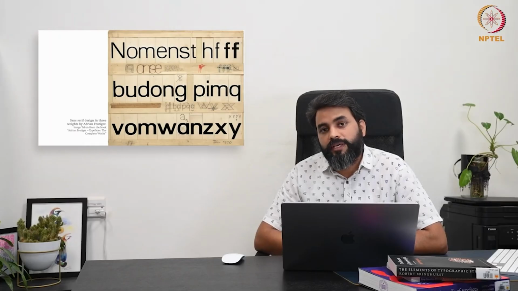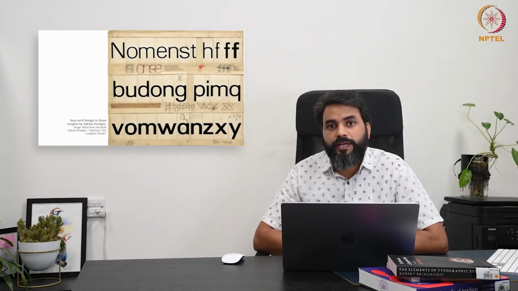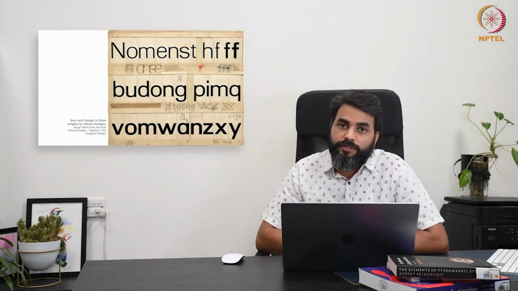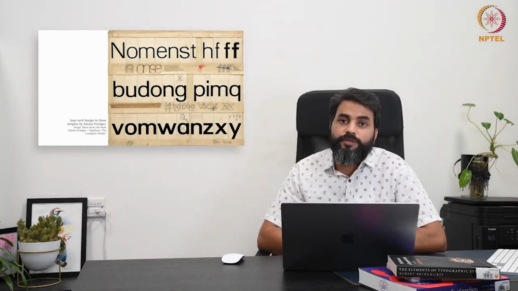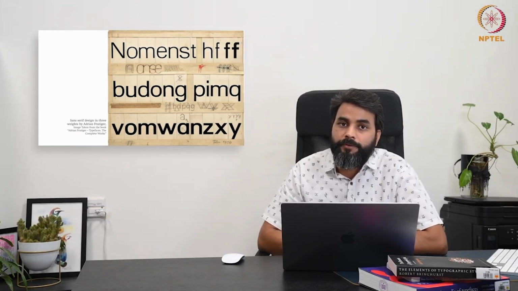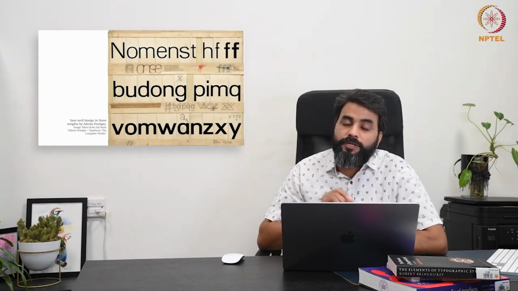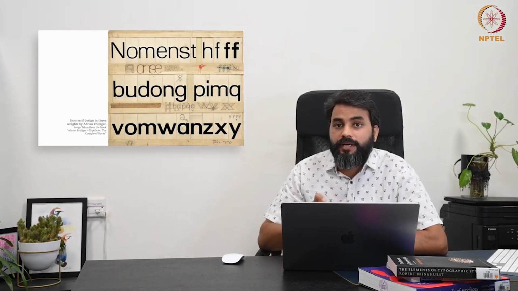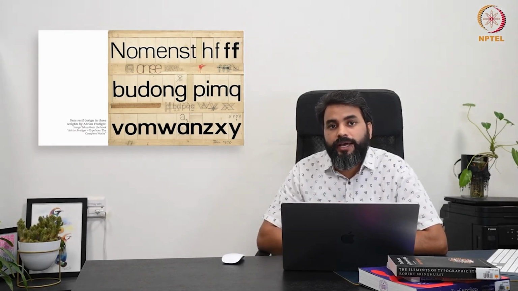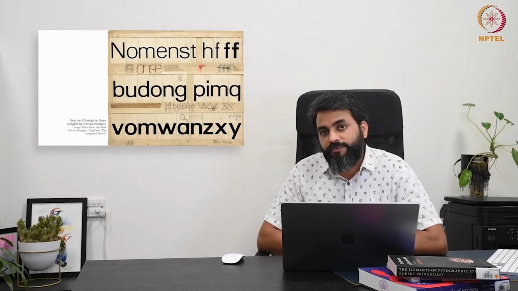Also, another important thing is that a letter cannot be designed or visualized in isolation. This thing you should remember. Each letter has to be compared and seen in relation to other letters or characters in the font and font family.